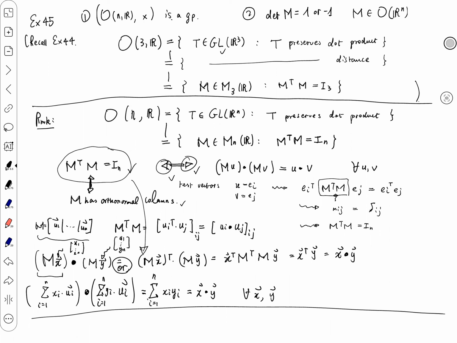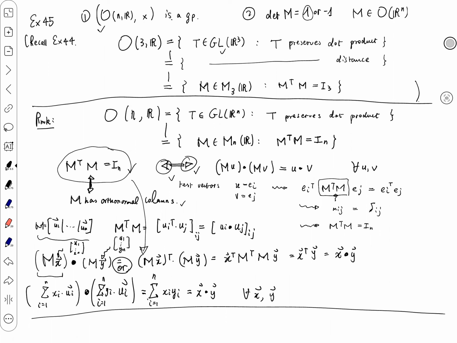Okay, and we call this group the orthogonal group of degree n over the real numbers, and this subgroup consisting of those with determinant equals 1, the special orthogonal group.